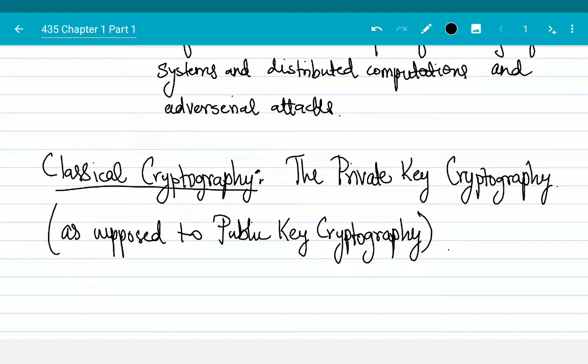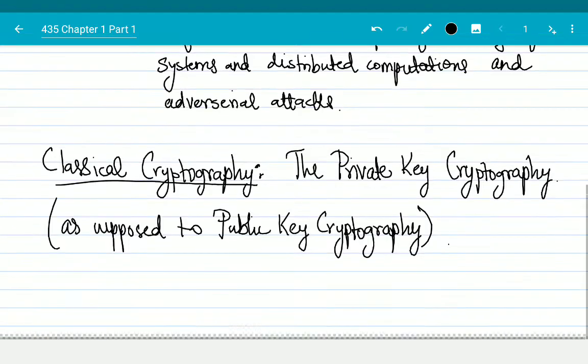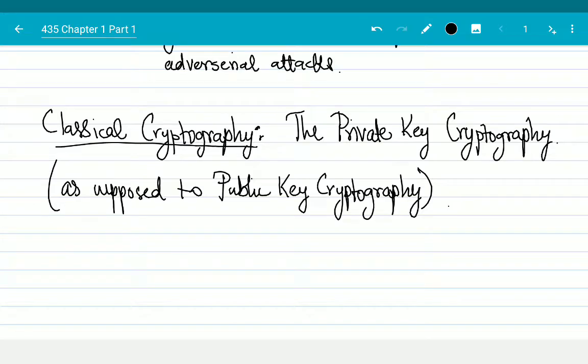Okay, so what is a private key cryptography and what is public key cryptography? Well, let's start off with the classical setting and talk about private key cryptography first. So private key cryptography is you have a person one.